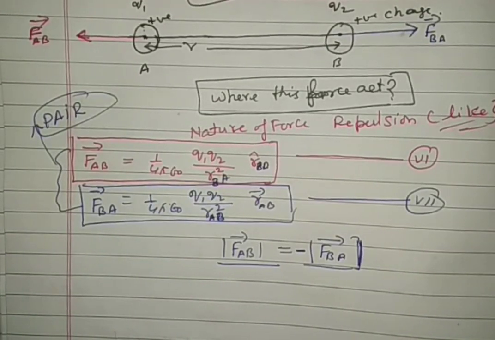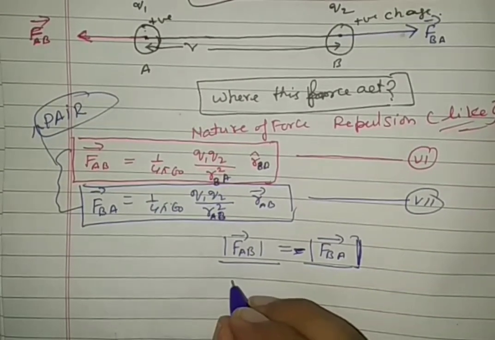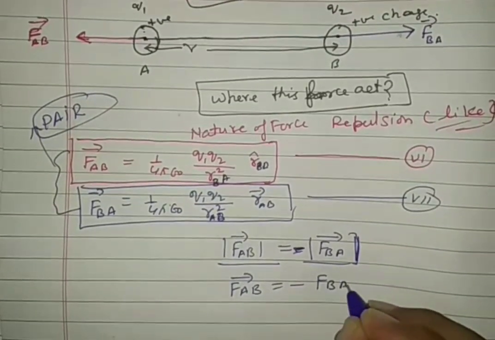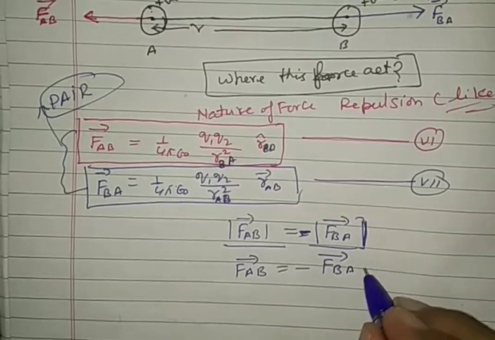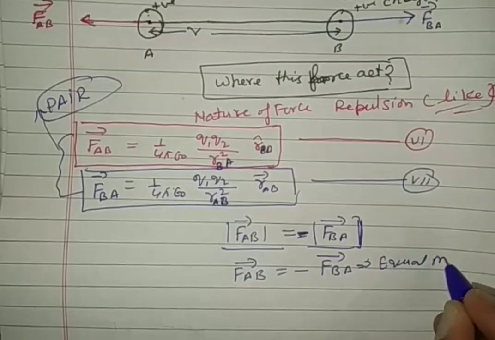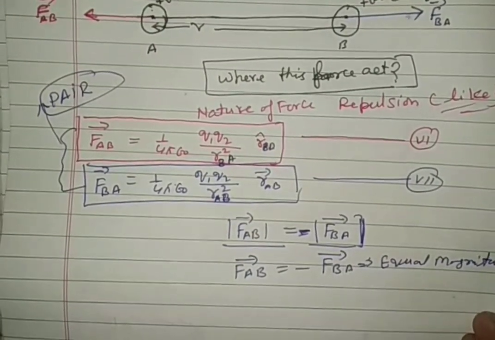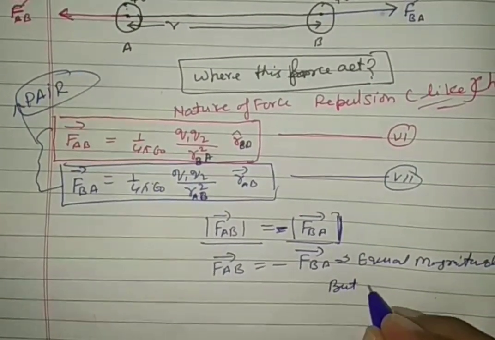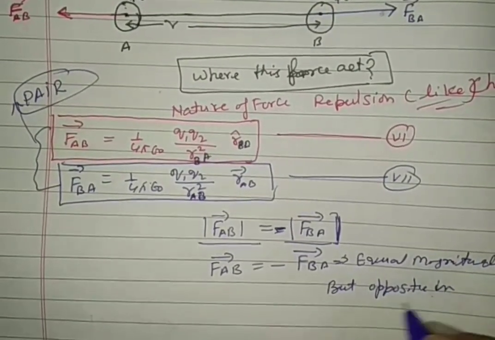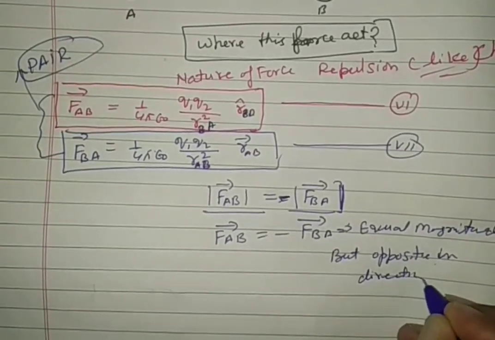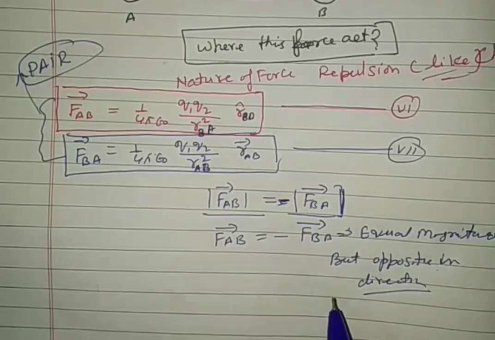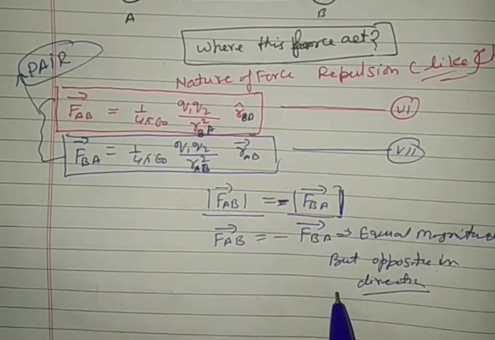When magnitudes are equal, we can say F AB is equal to minus F BA. Equal in magnitude but opposite in direction. So these forces are equal in magnitude and opposite in direction.